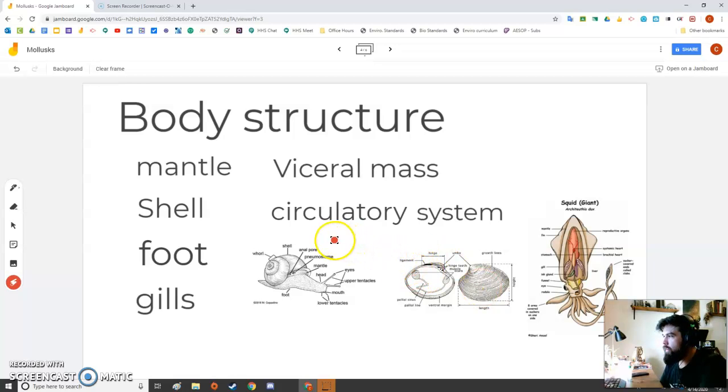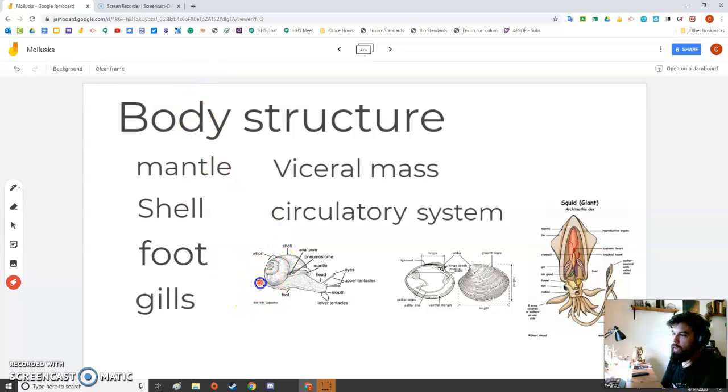In bivalves, I guess this is sort of turning into a discussion about everybody's anatomy, not just the gastropods. But in bivalves, it's more of a big muscle that opens and closes the shell. And then for squids, you've got a bunch of feet, really tentacles. For all cephalopods, you're going to have that.